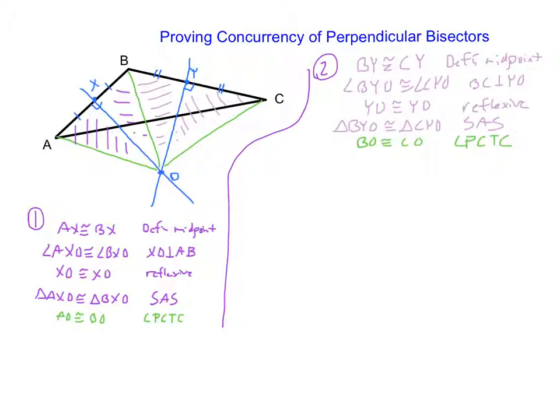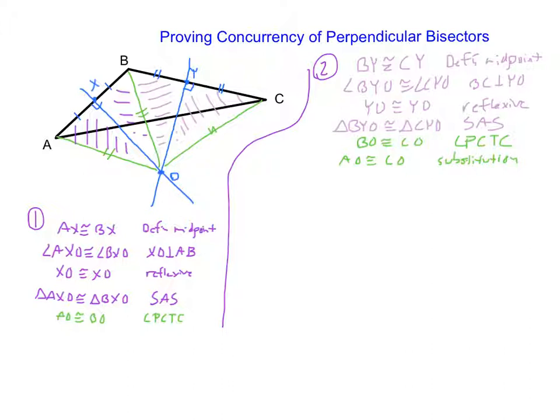Okay, so over here, if AO is congruent to BO and BO is congruent to CO, then AO is congruent to CO. And we get that by substitution, or more formally called the transitive property. So that gives us AO and CO.